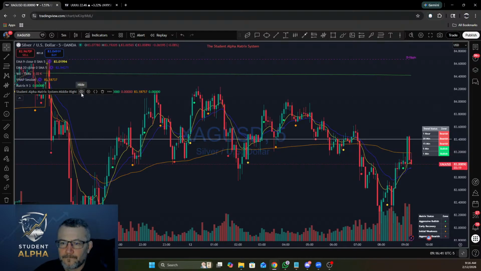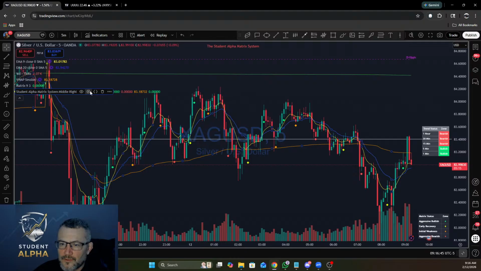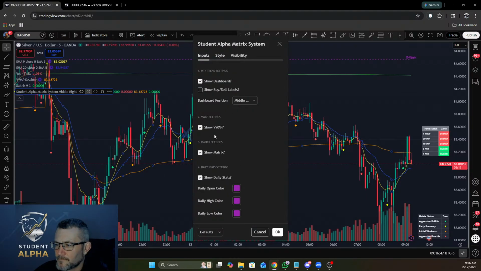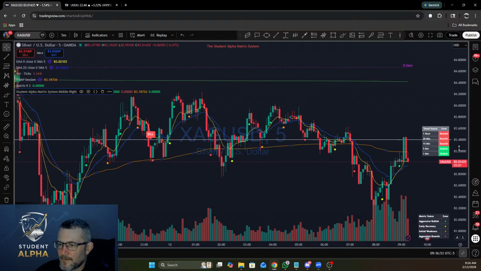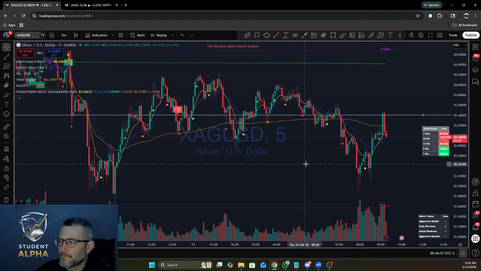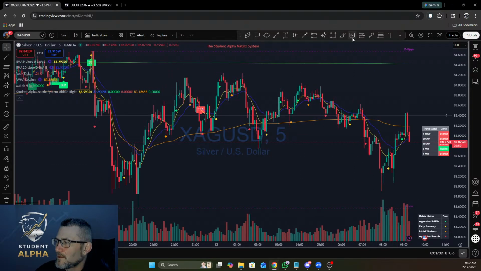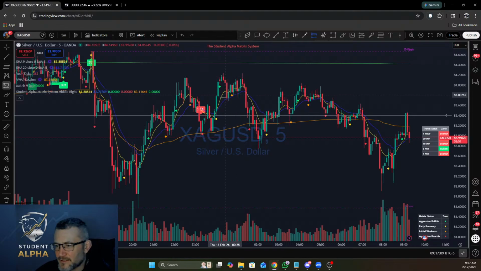Check this out. You can toggle on and off the signals. Look at this. The last signal given by the matrix said to sell here, right? Keep in mind, this is silver, so it's highly volatile. Maybe you're hunting $3, let's say.